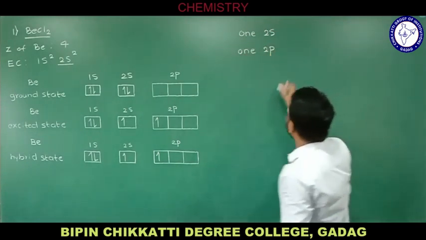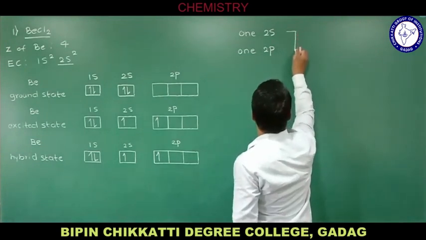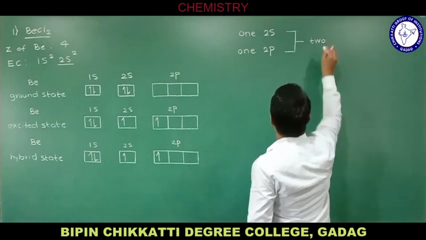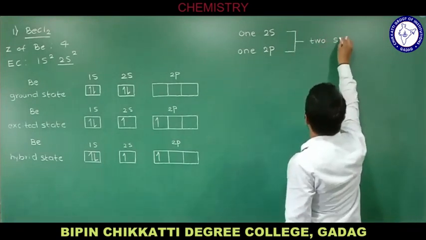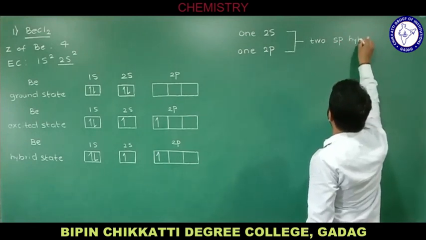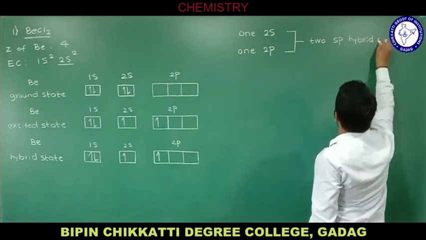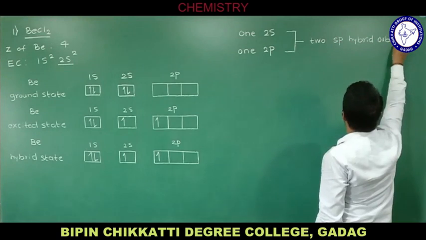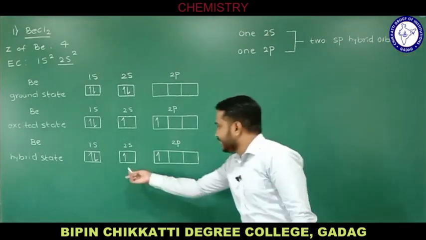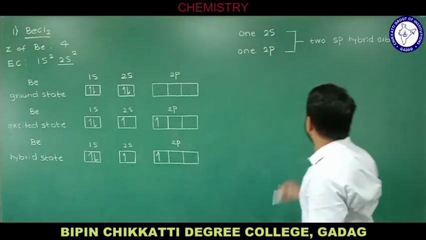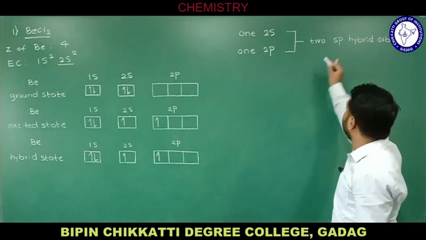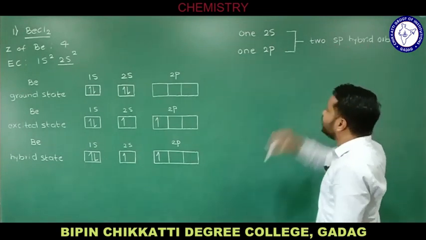They mix with each other, and that produces hybrid orbitals, which we call sp. So we are going to get 2 sp hybrid orbitals. This is s and this is p. Remember, the number of sp hybrid orbitals will be 2.